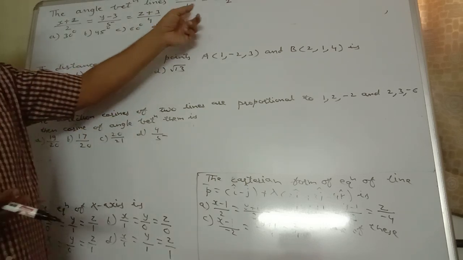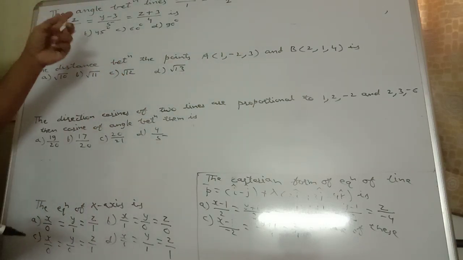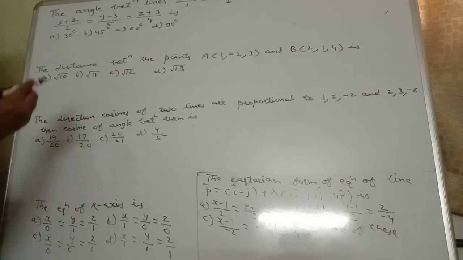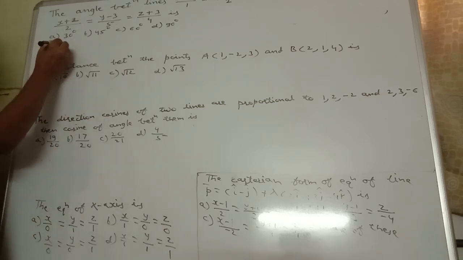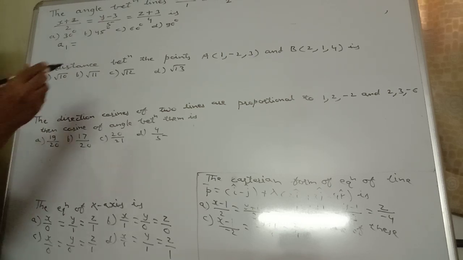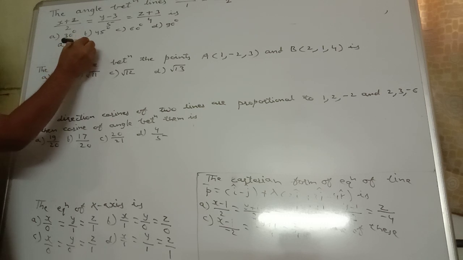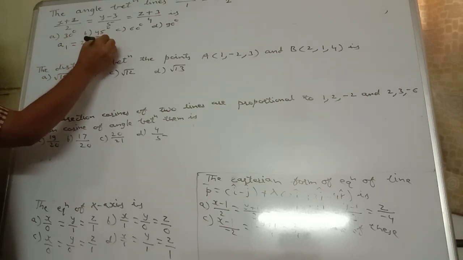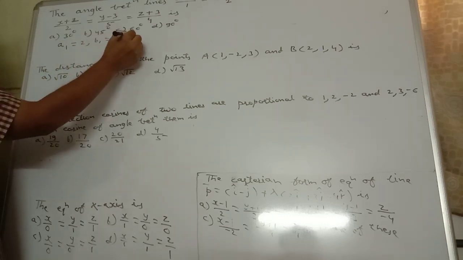Here the numbers in the denominator are the direction ratios of the two lines. For the first line, we shall denote direction ratios by A1, B1 and C1.